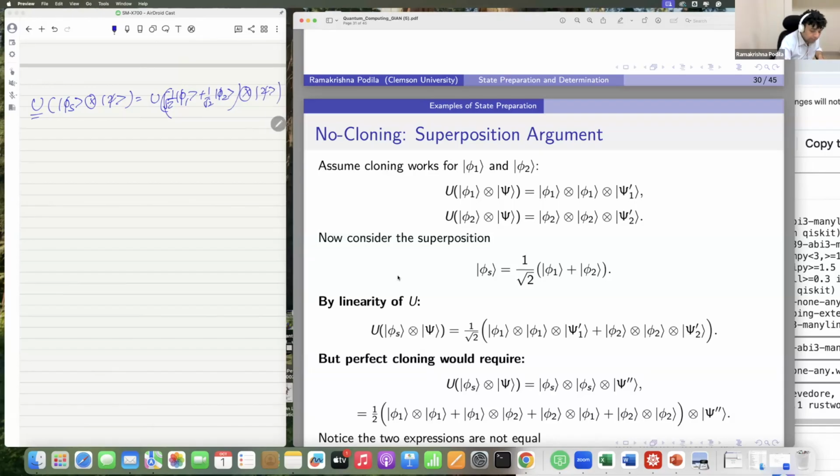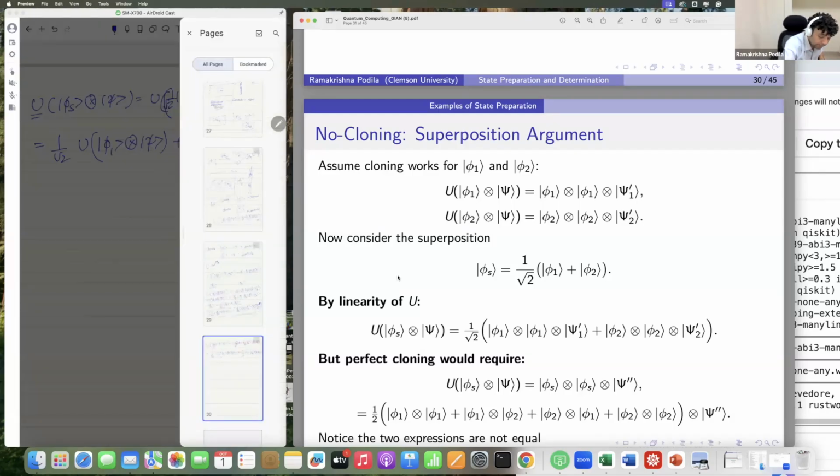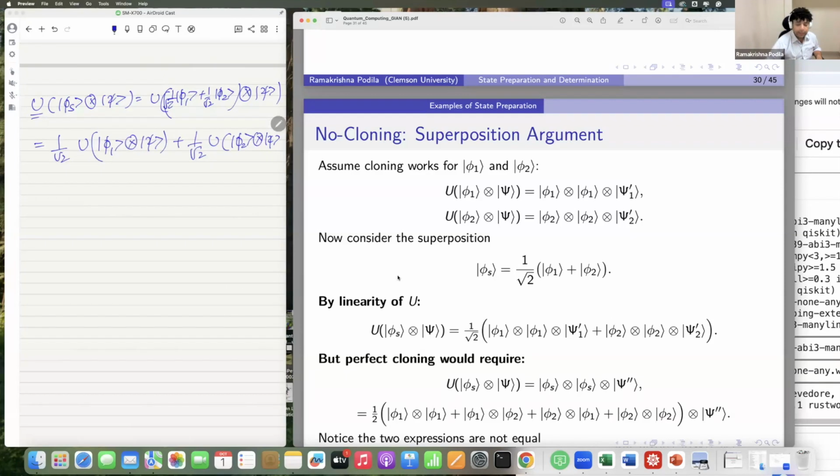Then I could expand this out, and I would get 1 over square root 2 U acting on phi 1 with the device in psi, plus 1 over square root 2 U acting on phi 2 with the device in state psi, right? And we have seen what this is.